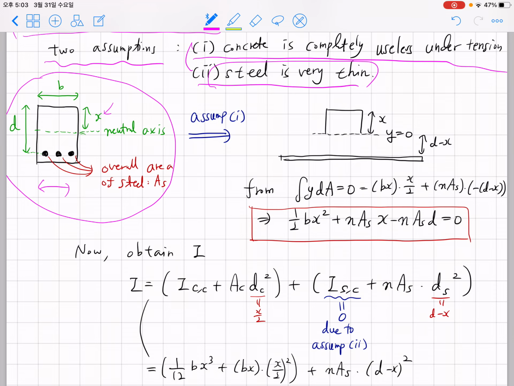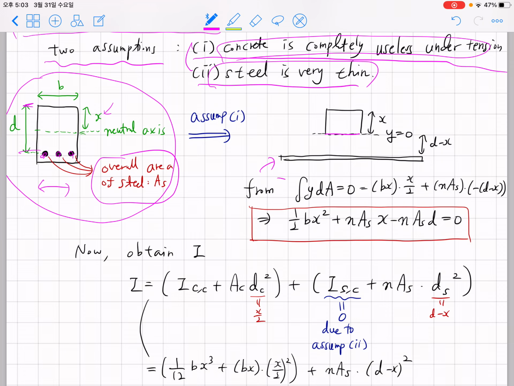We know the distance between the top surface and the steel as d, and we consider the overall area of the steel as As. Based on assumption 1, we only account for concrete in the compression part, and only consider steel for the tension part.